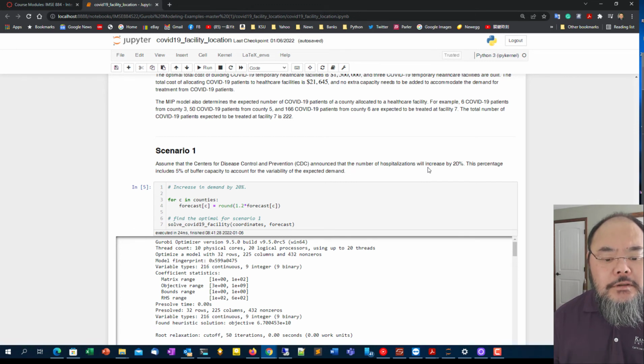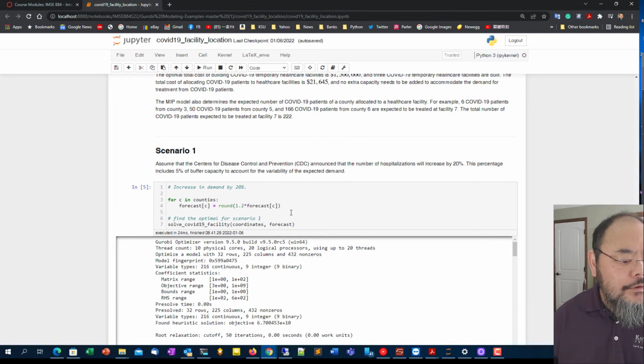We call the basic disease reproduction rate increase. So in terms of original, maybe 1 to 2 people, now it's 1 to 7 people transmitting rate. So the disease reproduction rate went up many times, and we anticipated this will have an impact on our hospital capacity. The percentage included 5% of buffer capacity accounted for variability.